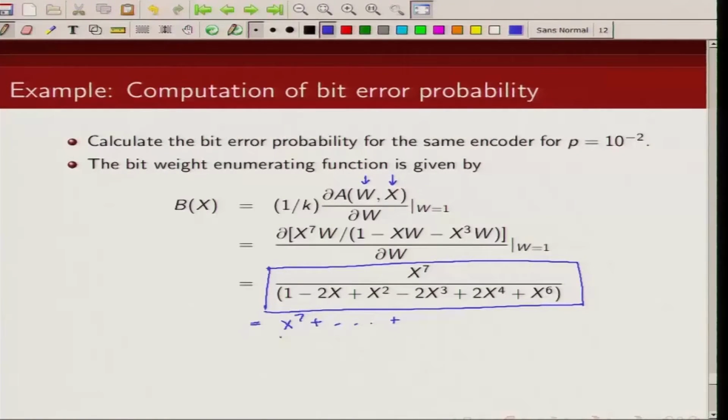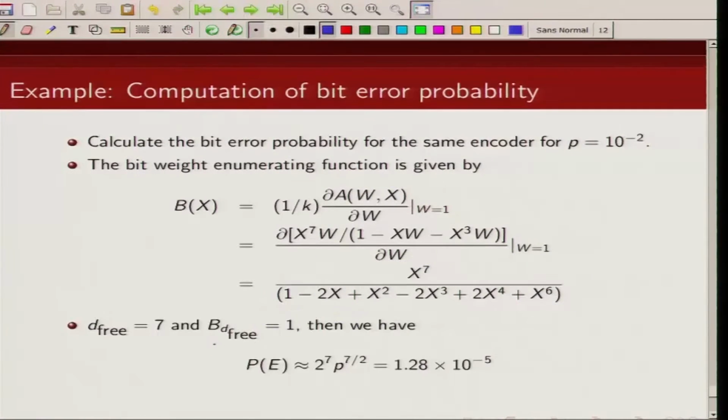In this case also, what is d free? D free is 7 and B_d free is also 1. So, we can approximate the expression, because the first term corresponding to the free distance will be the dominating term. So, we can write the probability of bit error to be this.